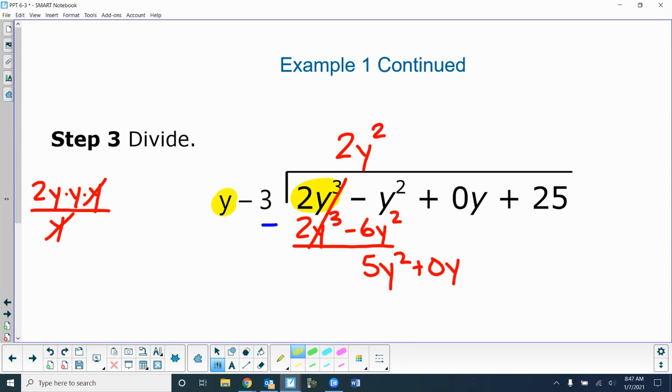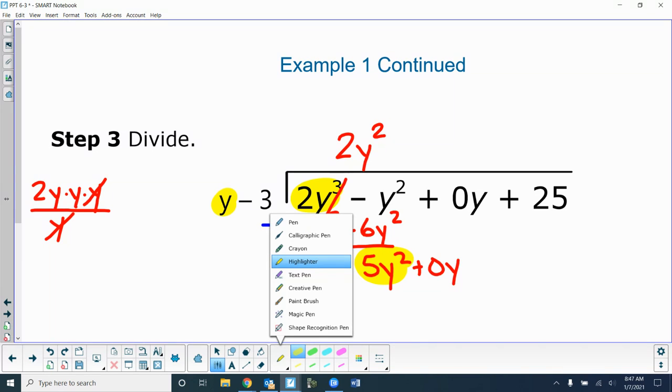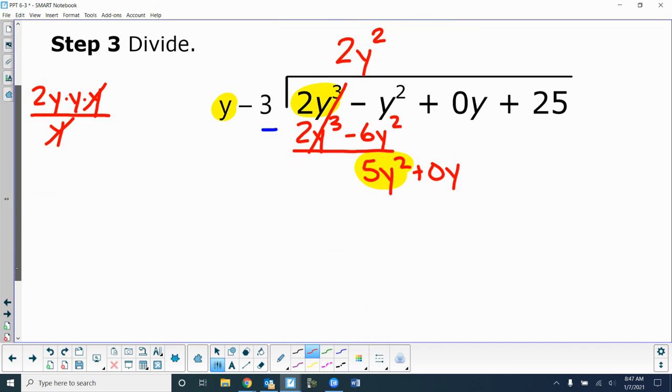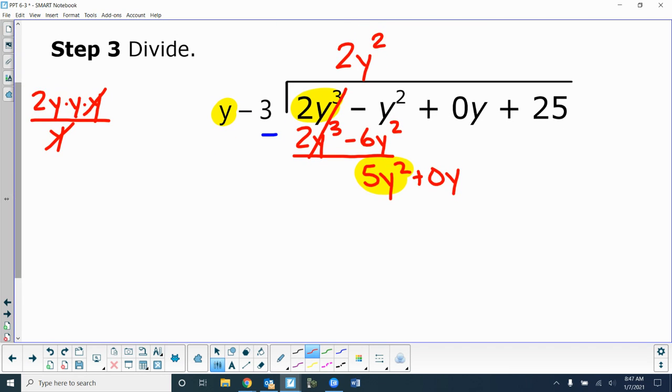All I worry about is that divided by what? Y. Okay. And what is 5y squared divided by y? 5y. So since that's a positive, this will be plus 5y.